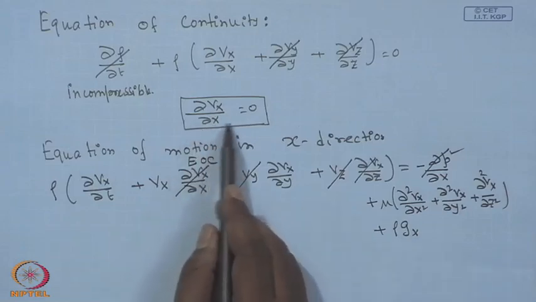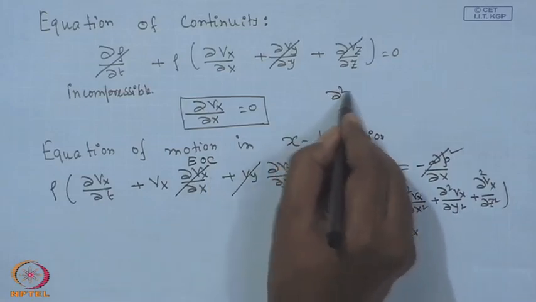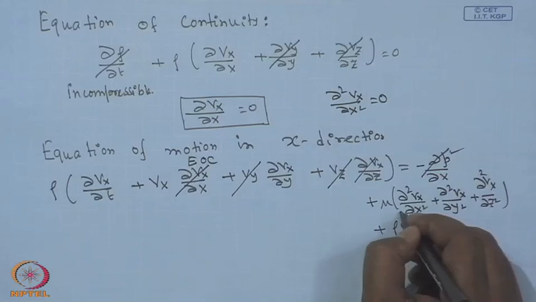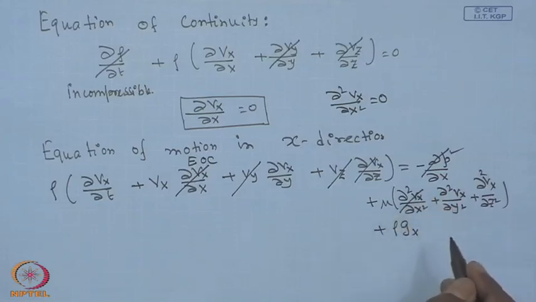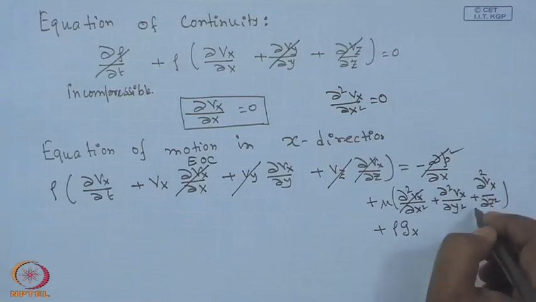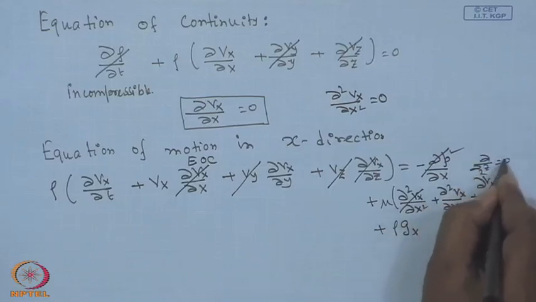Now, del v x del x is equal to 0. You differentiate this equation with respect to x once again. So, this becomes del square v x del x square is equal to 0. So, the first term will be off, then del square v x del y square, this term will be there, and del del z square is equal to 0 because del del z of anything is equal to 0.